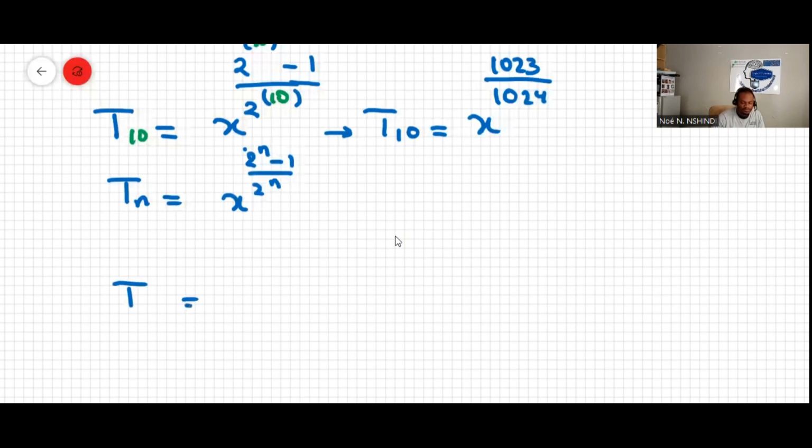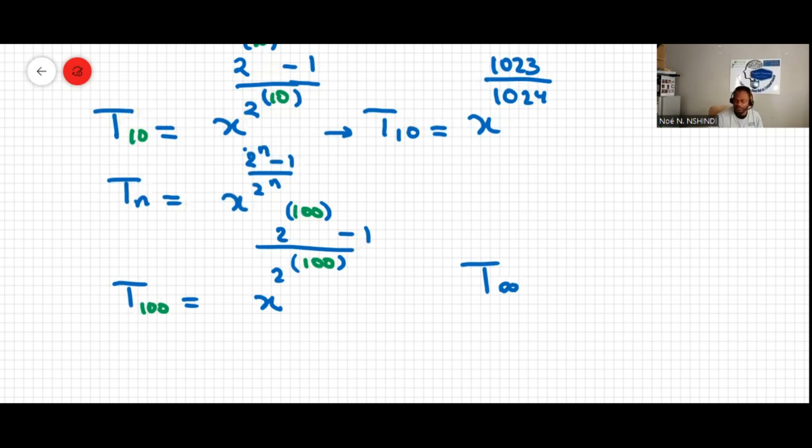For T100, I'll write x to the power of 2 to the power of n minus 1 all over 2 to the power of n. So I substitute 100 instead of n. I'll leave it like that because it's a huge number. That's T100.